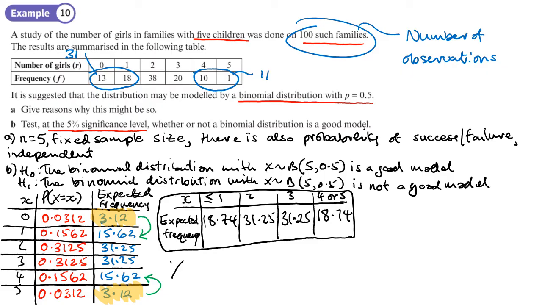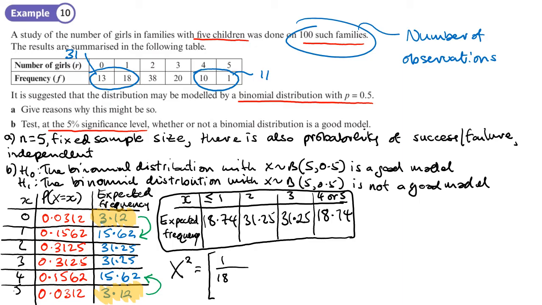So x squared is going to be the sum of all my observed squared over my expected. So 13 squared over 18.74.